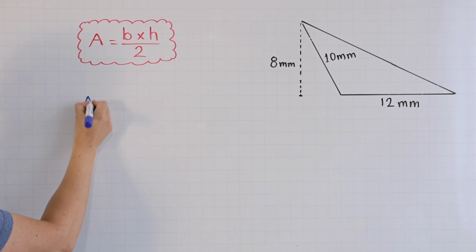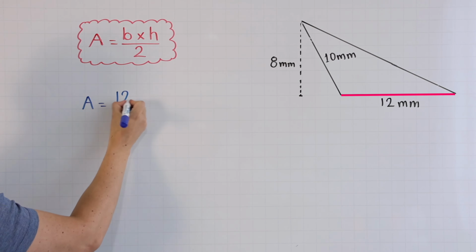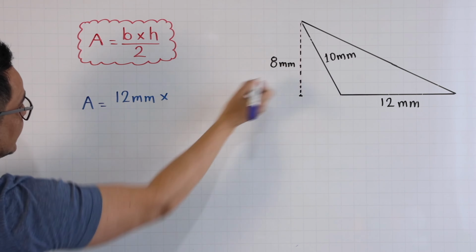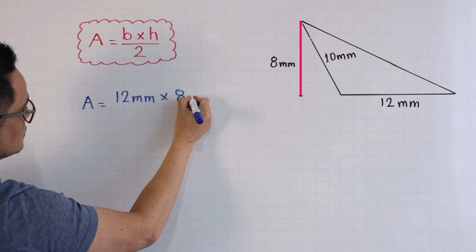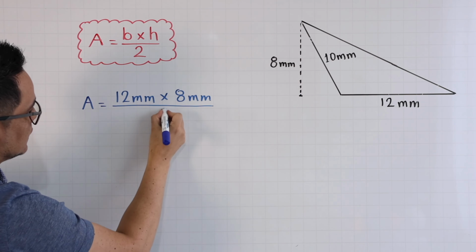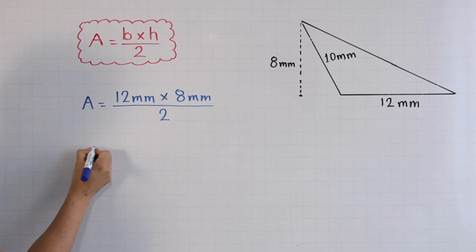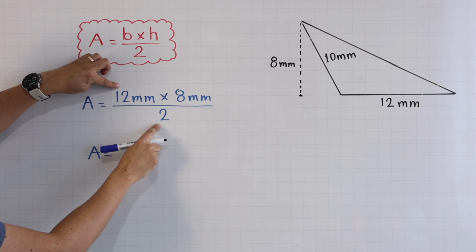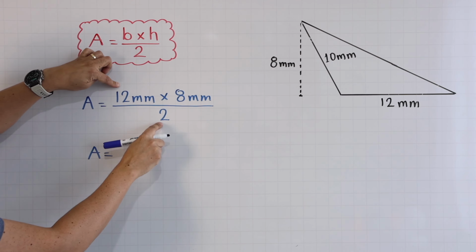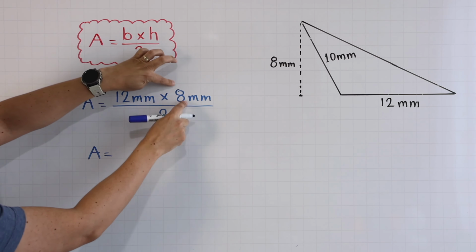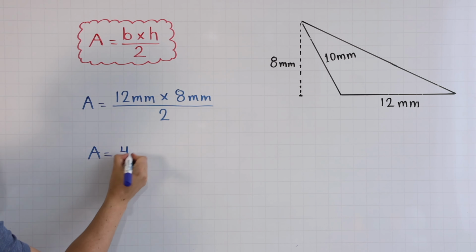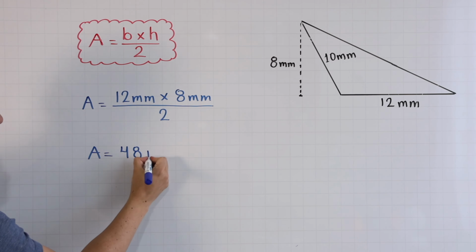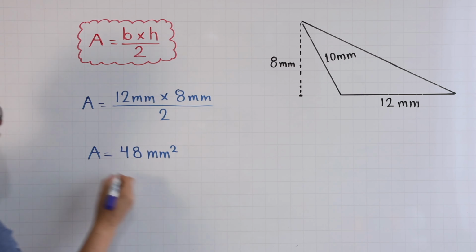The area is equal to 12 millimeters times the height, which we said was 8 millimeters. And all of this is going to be divided by 2. In this case, it's easier if I first do 12 divided by 2. 12 divided by 2 is 6, and 6 times 8 gives me 48. So the area of this triangle will be 48 square millimeters.